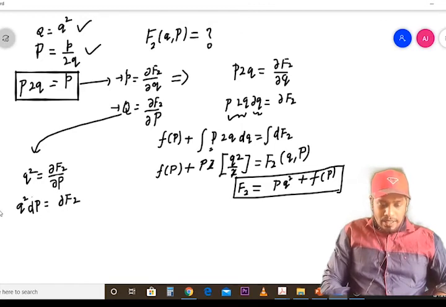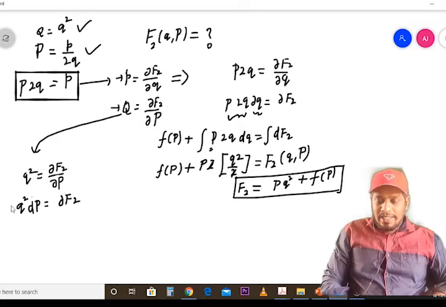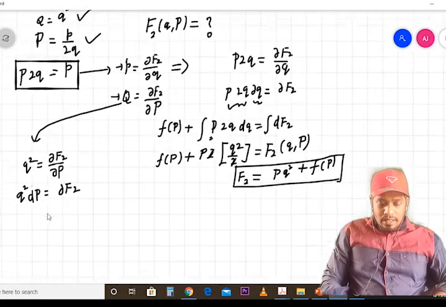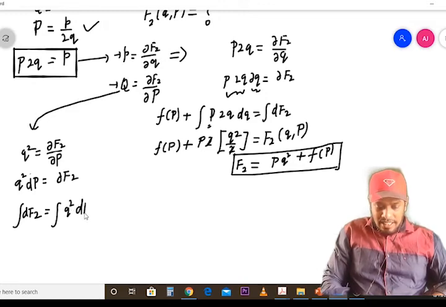Now we have to add one constant, because after the integration, right now we have just multiplied it. Now we can integrate on both sides. It is an indefinite integral. Maybe first you can write the dF to this side, then q² dP to the right hand side. Because we don't know exactly what the boundary condition, the integration limit is here, we have to add one constant.